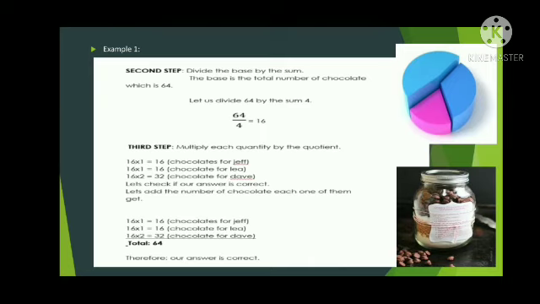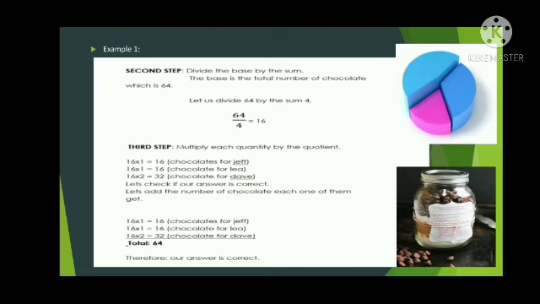So our third step, multiply each quantity by the quotient. Alam natin yun na yung quotient ng 64 over 4 is 16. Yan yung gagamitin natin to multiply each quantity. So yung quantity, kukunin natin yan sa given ratio with respect to Jeff's ratio, Leia's ratio, and Dave's ratio. So in our third step, 16, which is our quotient, times 1, the ratio of Jeff, is equivalent to 16.